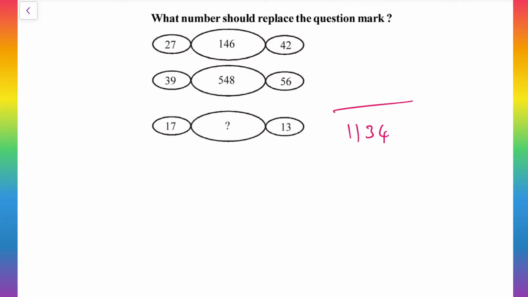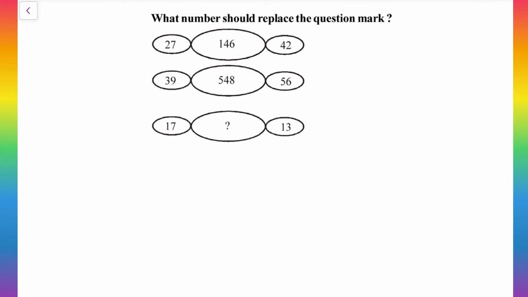Then we need to think about a combination of operations, that is addition, multiplication, otherwise subtraction, multiplication, like this. Anyway, that is also not possible, because there is no relation at all between 27 and 42, 146.